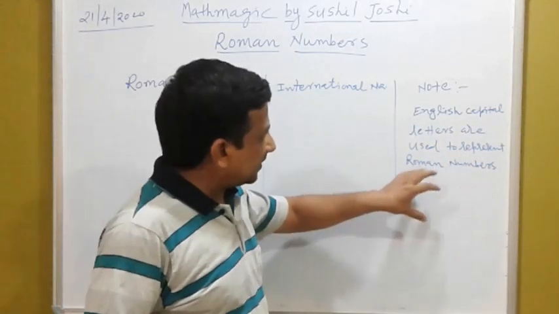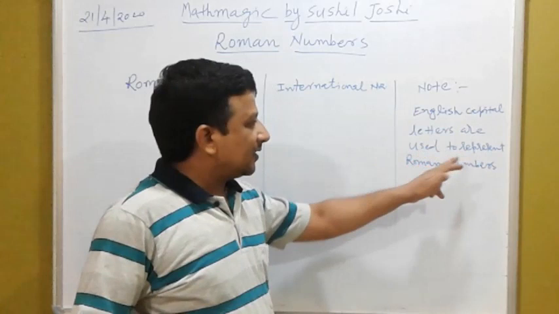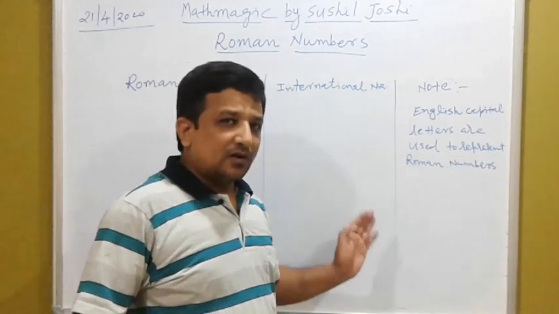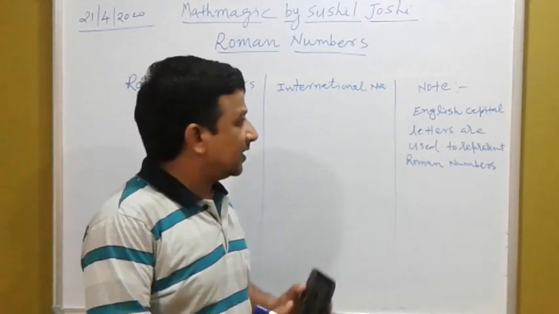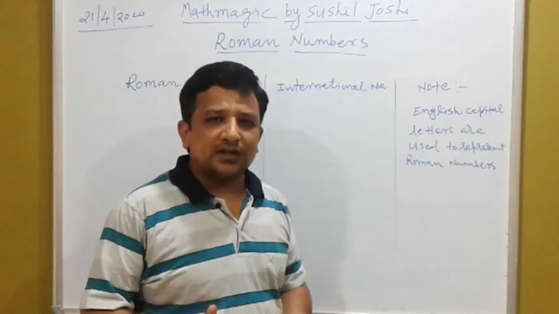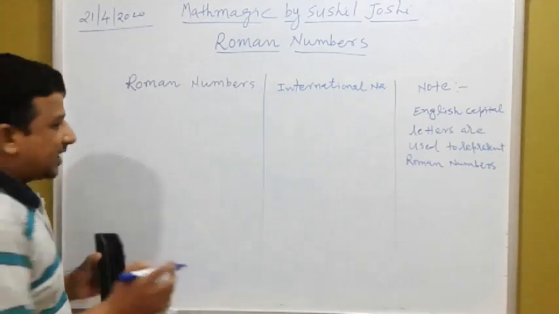You remember this note. Now we will find which particular English capital letters represent the Roman numbers. Not all 26, but out of the 26 English capital letters, we use a few letters to represent the Roman numbers. So let us see what they are.